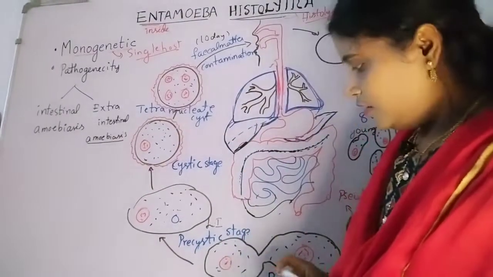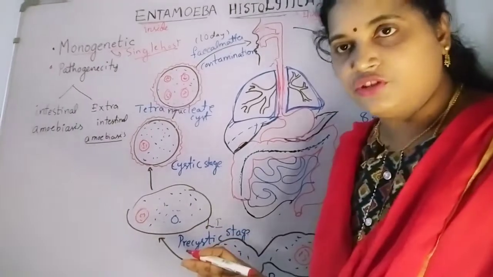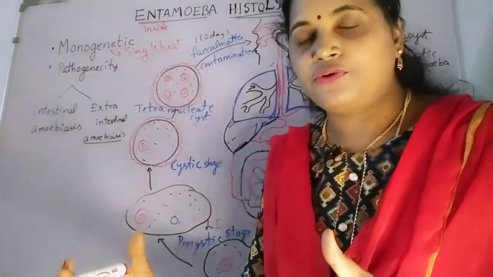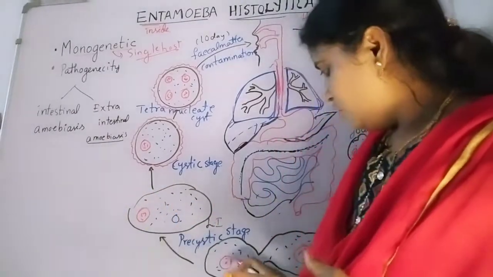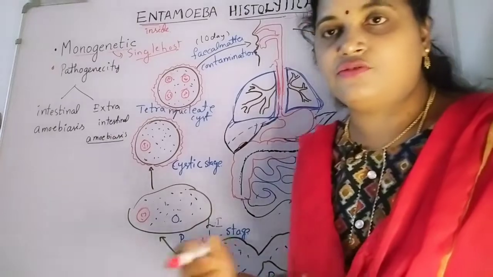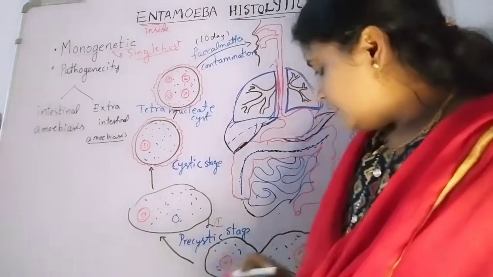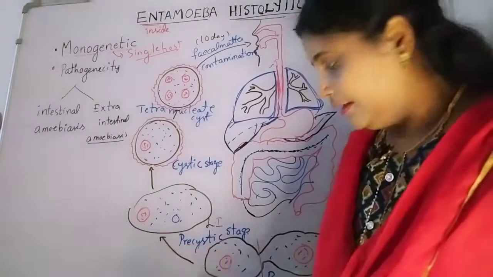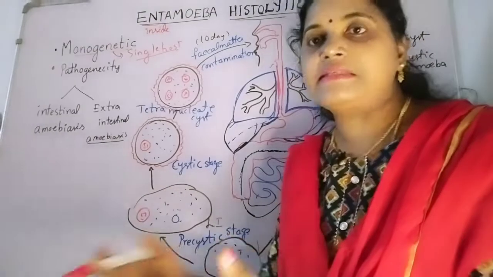Here the trophozoite undergoes binary fission, which means one cell produces two daughter amoebas. Of these daughter amoebas, one is going to transform into the pre-cystic stage.